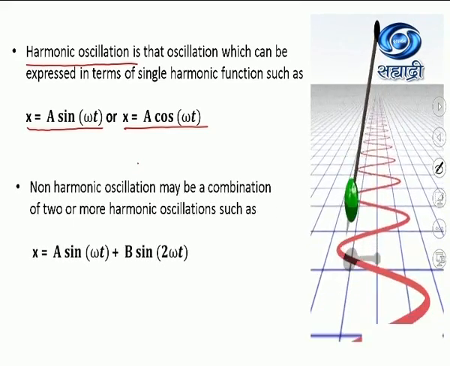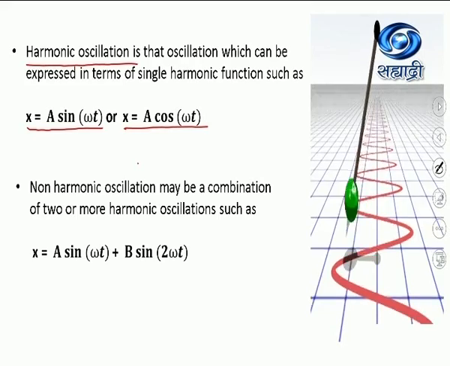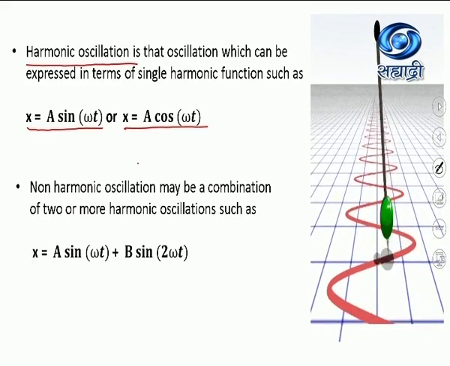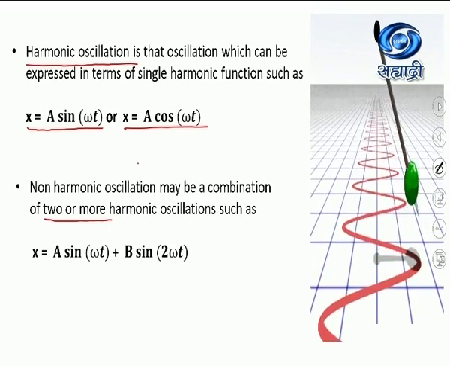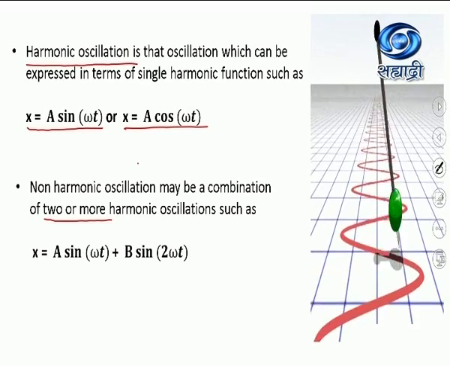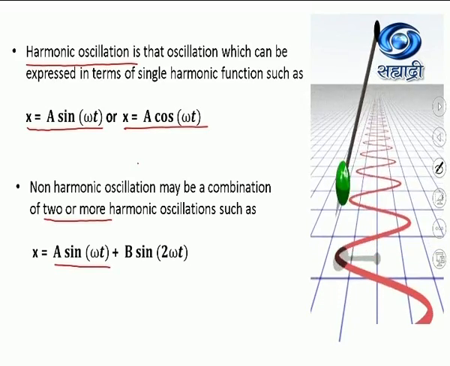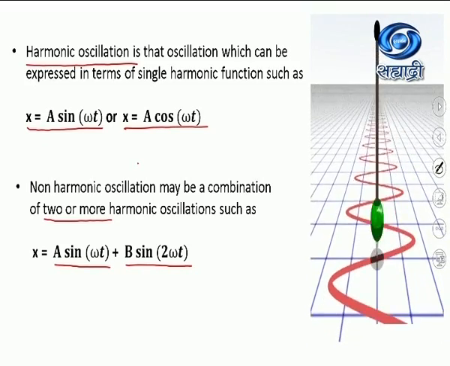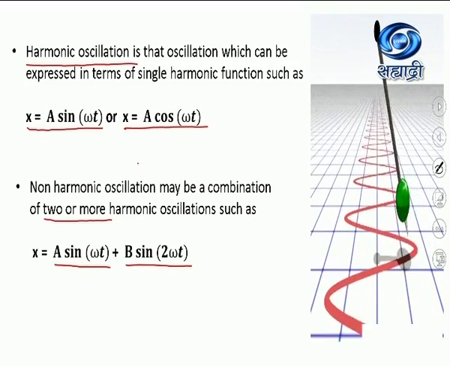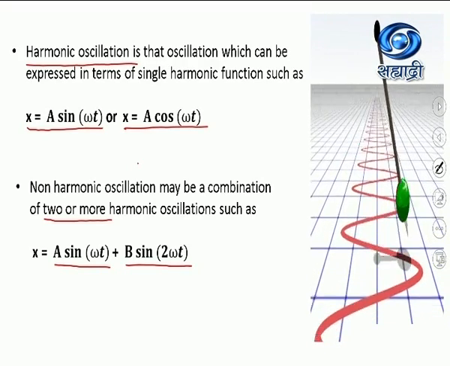But if the displacement in case of oscillation is a combination of two or more harmonic oscillations, that is, x is expressed as a sin omega t plus b sin 2 omega t, then obviously the oscillation is non-harmonic oscillation.